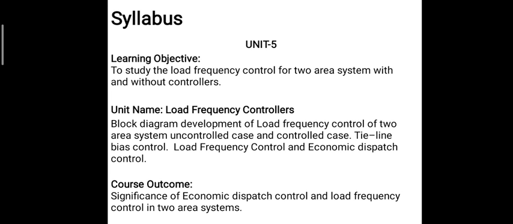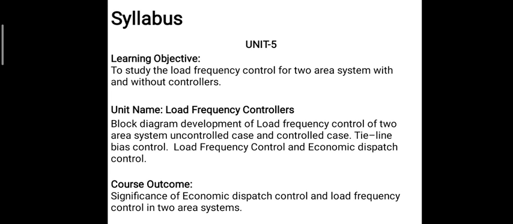So the topics under load frequency control 2 are block diagram development of load frequency control of two area system with uncontrolled case and with controlled case, and what the transfer functions are, and what tie line bias control is. And the final topic, load frequency control and economic dispatch control, that is why load frequency control, what economic dispatch control is, how it operates and from where it operates.